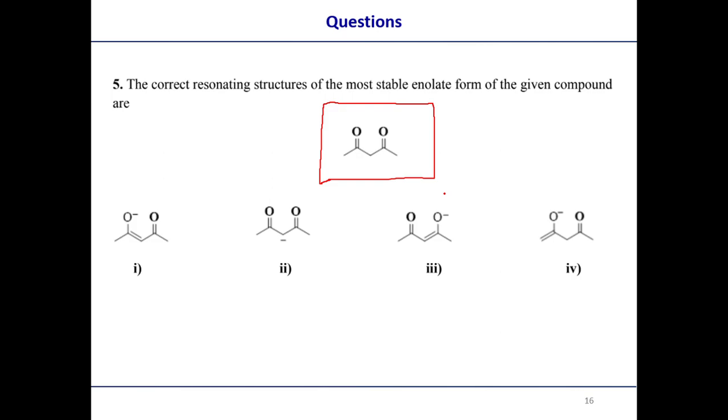So here you can see in the first option, first of all you have to check the pi bonds. We have two pi bonds. Okay. Then here we have a negative charge on oxygen. Correct? And the pi bond is moving this way to get the resonating structure, this one.